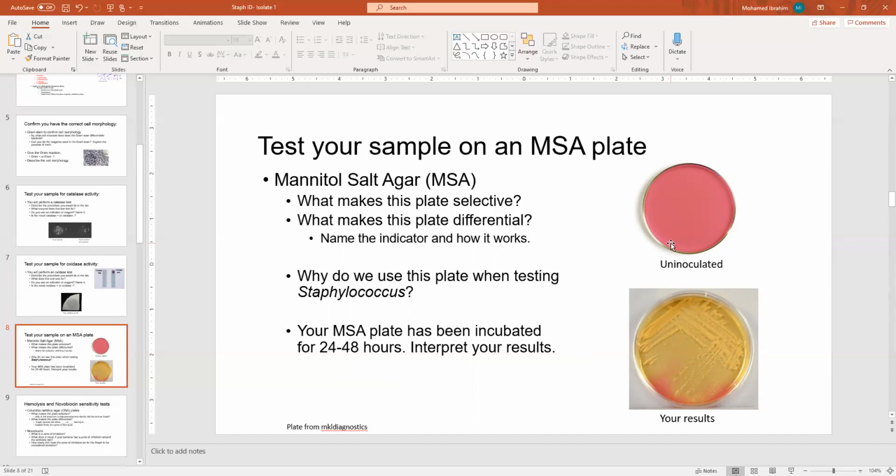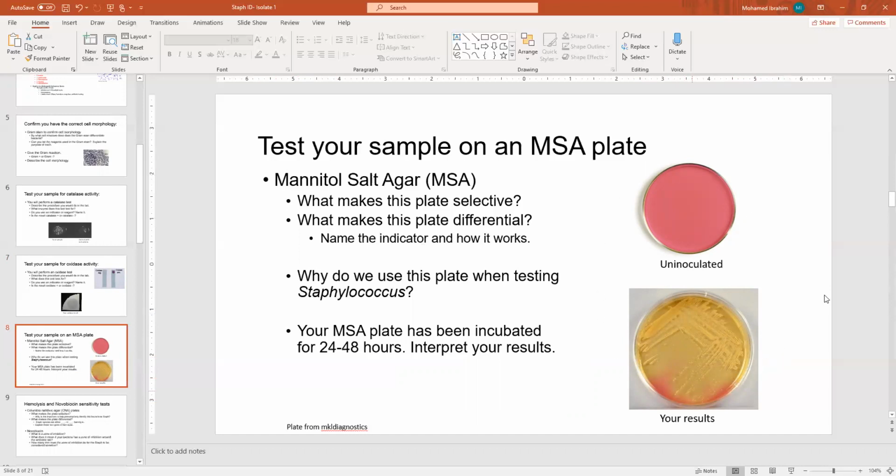So for example, if you look at the plate and you see growth, it means that this kind of bacteria can tolerate high salt. And number two, you need to look at the color change of the media. That color change means that the bacteria has the capability to ferment the sugar. And the sugar in this media is mannitol. When they do this kind of reaction, they change the color of the media.